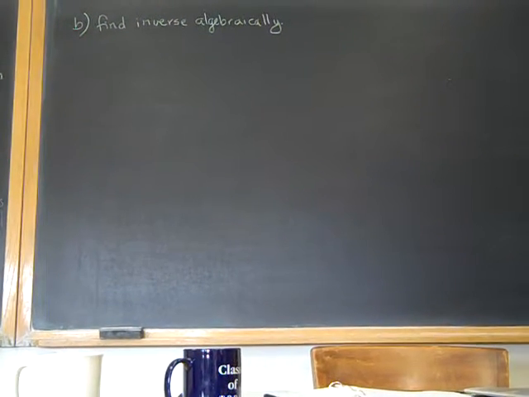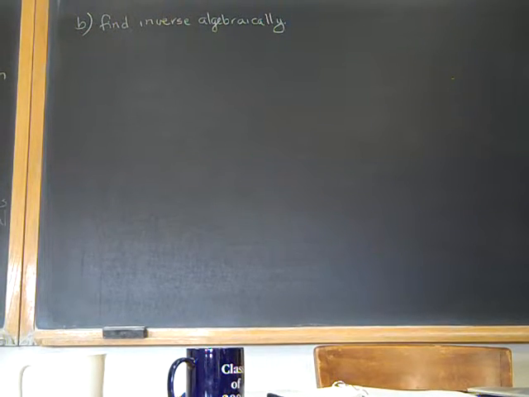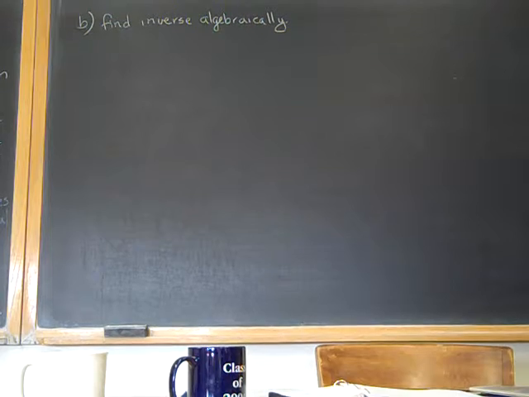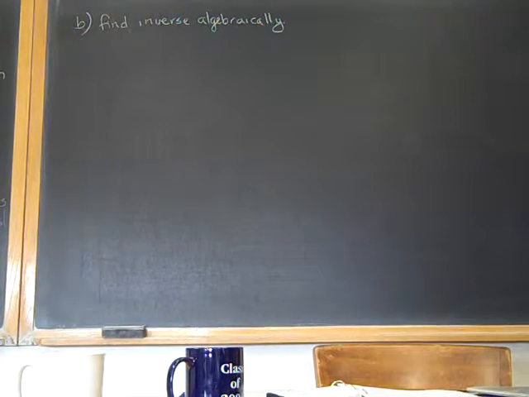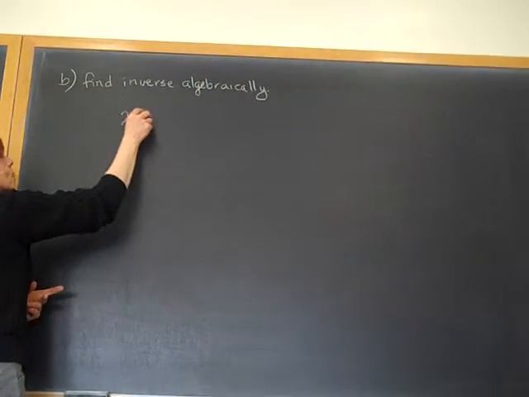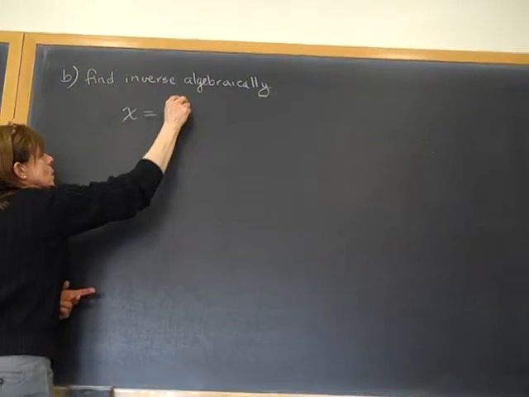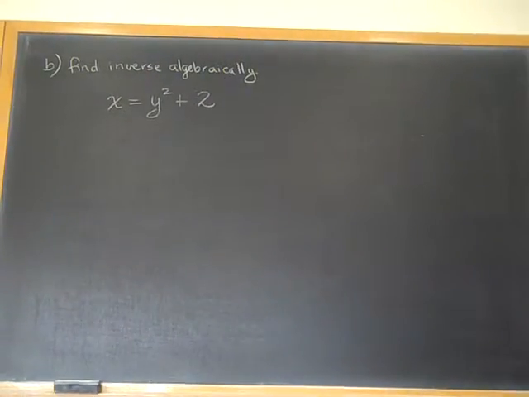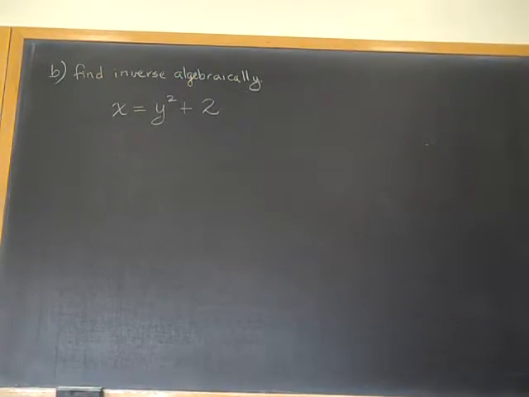How do we go about doing it? What's the first step? Allison? Switch the x and y. Switch the x and y. So our function will become x equals y squared plus 2. Are we okay there?